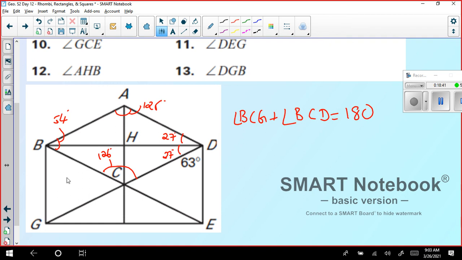Already I know that BCD is 126 degrees, so BCG is 180 minus 126, which gives 54 degrees. So angle BCG is 54 degrees.